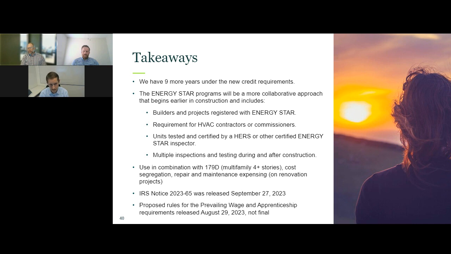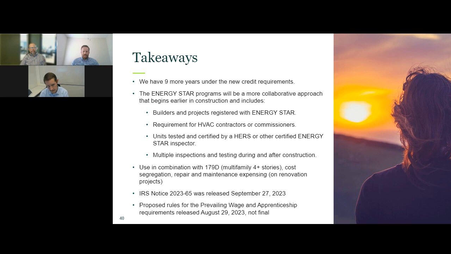So our last polling question, a couple minutes left. You want to kick that off? Yeah, thank you, Aaron. And we have our fourth and final polling question of the day. Can an eligible contractor combine the 45L tax credit with the 179D energy efficient building tax deduction and cost segregation tax incentives?